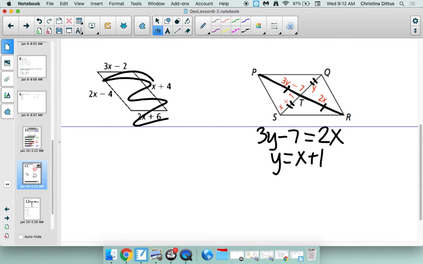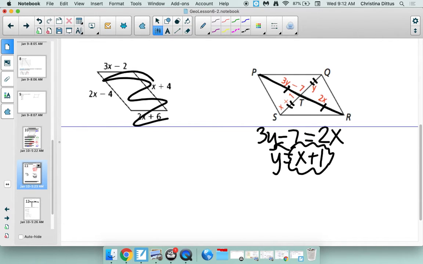Both of those equations have both y and x. You plug the x plus 1 into the y. We're going to substitute this x plus 1 in for this y.